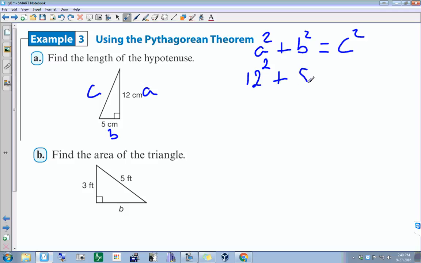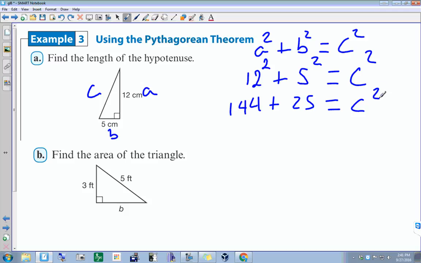So that's going to be 5 squared is going to be equal to C squared. Well, what's 12 squared? 144. 5 squared, it's equal to C squared, right? What's 144 plus 25 added up to? 169 is equal to C squared.